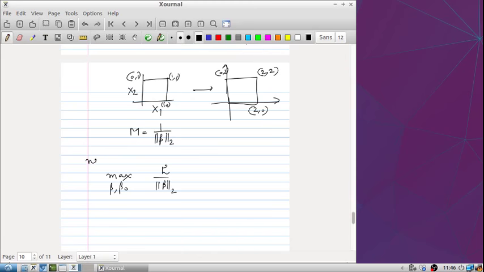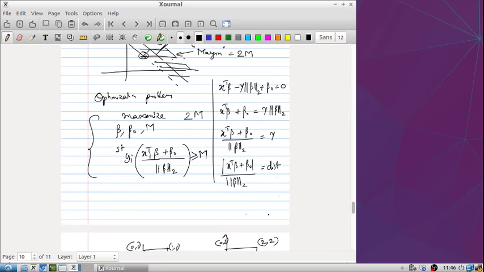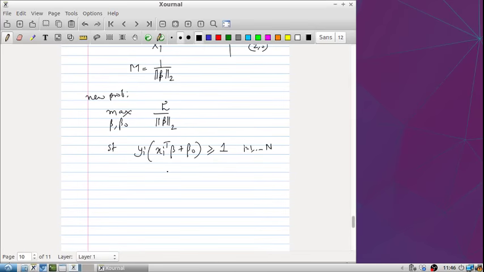New problem, such that yi times xi transpose beta plus beta naught is greater than or equal to 1, where i is equal to 1 to n. That's because I substituted m is equal to 1 by beta square, so the 1 by beta square gets cancelled.